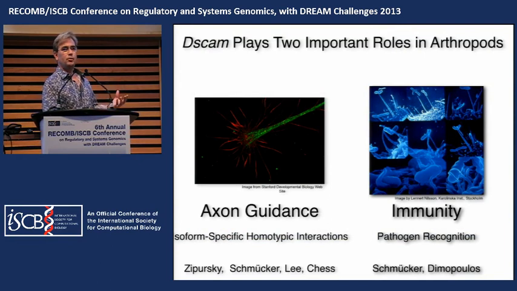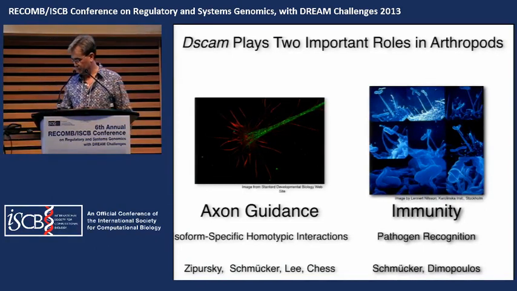Depending on which isoforms are expressed in a particular neuron, that will determine in part the wiring pattern of that neuron. It also appears to play a role in the immune system. If you delete the gene in hemocytes, which are basically the blood cells of flies, they fail to mount an effective immune response, and different isoforms bind to different bacteria in a bacteria-dependent and isoform-dependent manner.